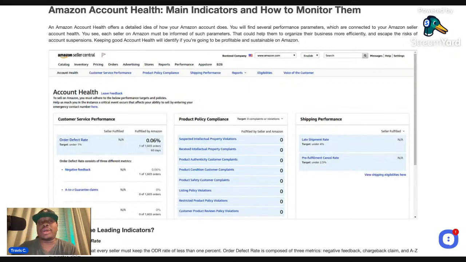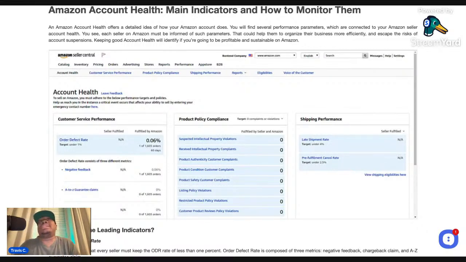Where I'm circling, first, under customer service performance, order defective rate is super powerful. Now, Amazon recommends that you stay under 1%, right? They prefer you to be under 1%. Sometimes, as a beginning seller, you may jump out to a bad start and it may rise over that 1%.